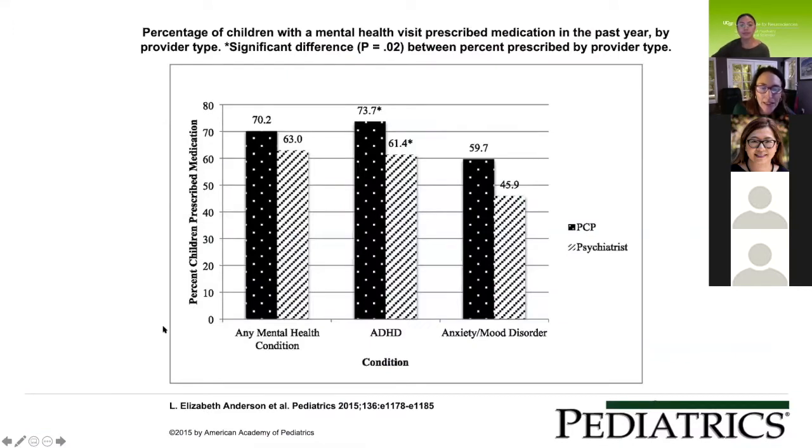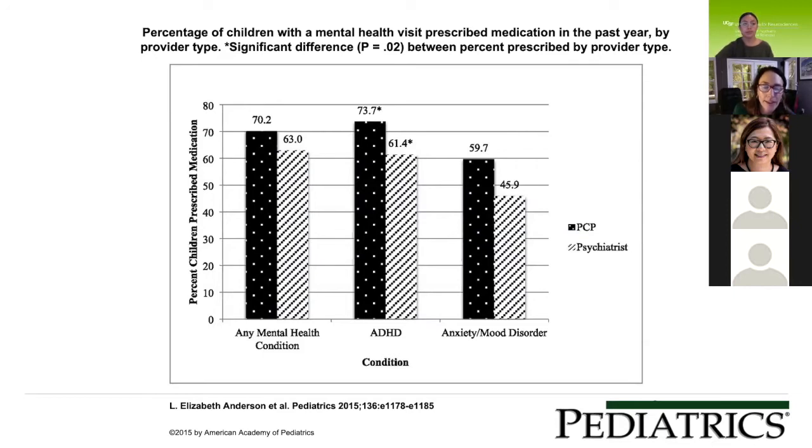This is a study in pediatrics that looked at data from the Medical Expenditure Panel Survey between 2008 and 2011, looking at patients ages 2 to 21 with outpatient visits for mental health problems in the past year, who saw primary care providers, psychiatrists, and psychologists or social workers for these types of conditions.